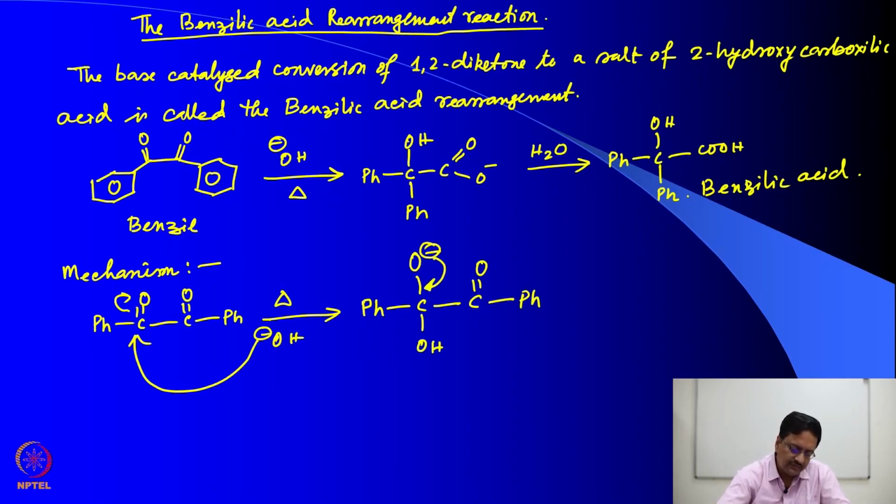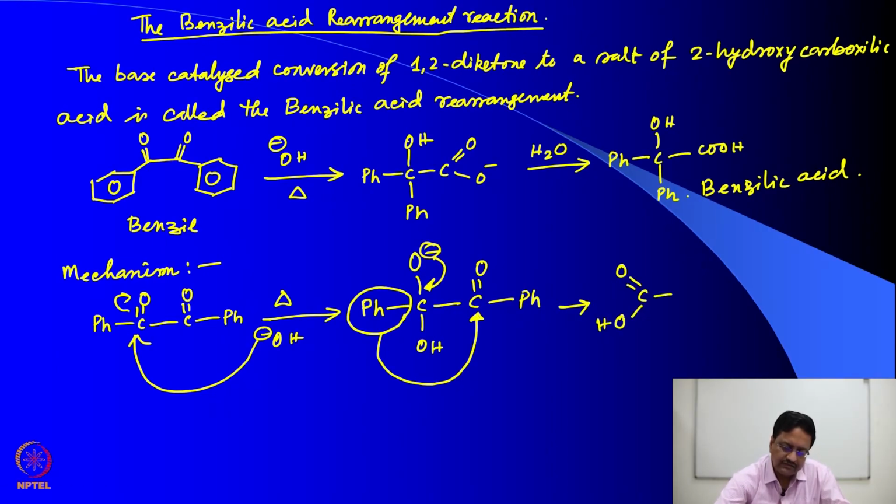Then when this double bond forms back, this phenyl group with its electrons moves from carbon 1 to carbon 2 in step 2 to form the acid, where this O minus is formed because of phenyl migration, and in the presence of water, this will take up the proton and form the desired compound, benzylic acid.